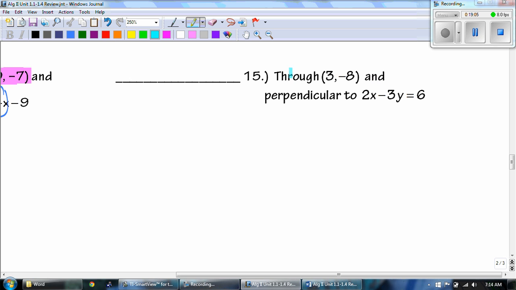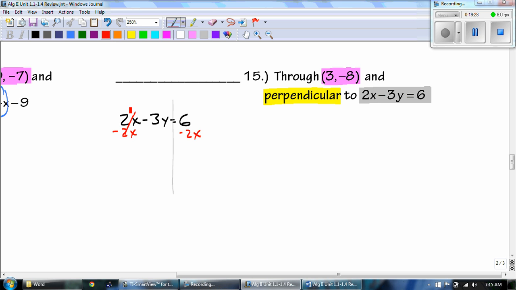Now, once again, we've got a point. I see a keyword of perpendicular, but I don't know what my slope is. Okay, so I have to take that 2x minus 3y equals 6, and I have to solve for y. Okay, so I'm going to subtract the 2x to the other side.